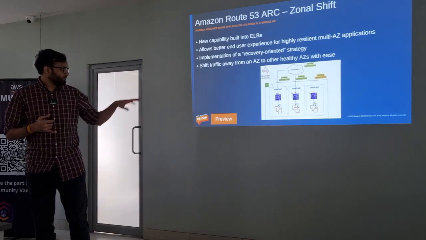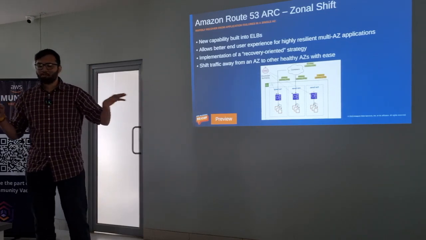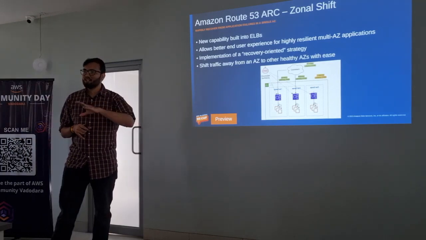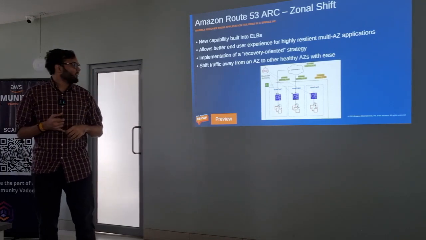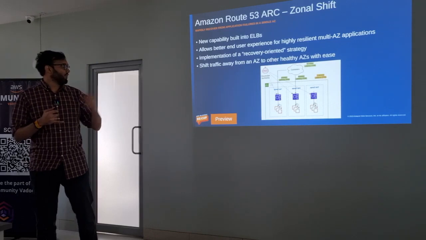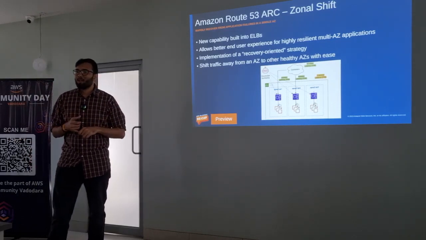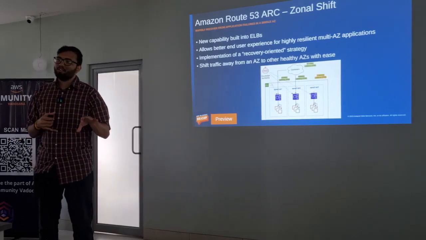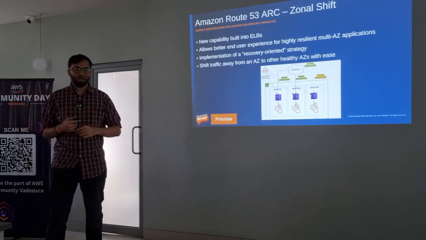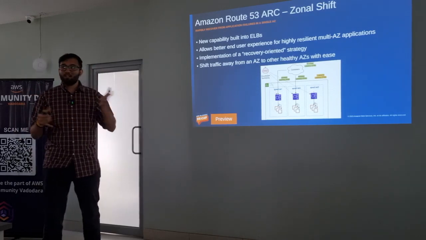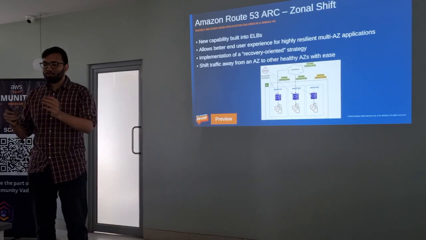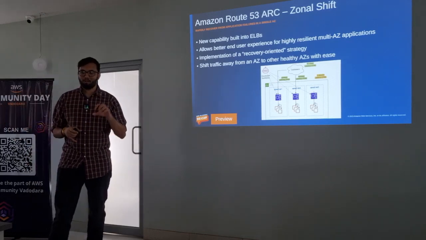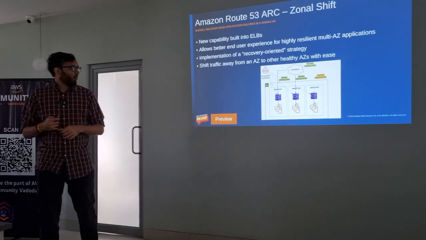Let's say you have 3 applications in 3 different AZs. Using zonal shift within that ELB, I can shift away from an unhealthy AZ to another AZ. Again, this is a temporary fix: you shift your workload from a particular AZ to another AZ.